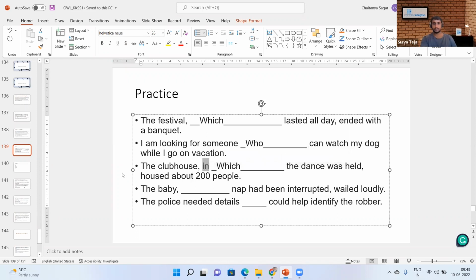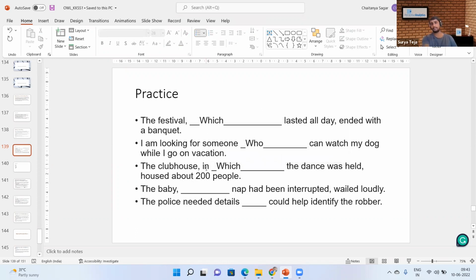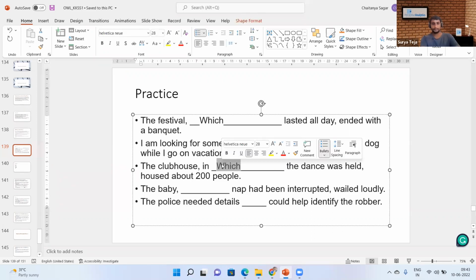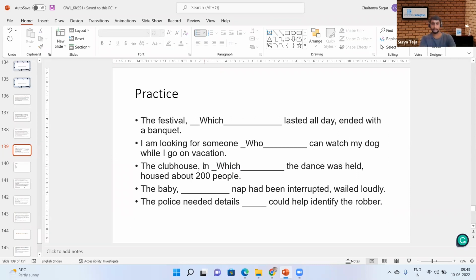Yeah, that sounds appropriate because there is in. In is a preposition. If we have a preposition, the preferred relative pronoun next to it is which. In is talking about the capacity of the clubhouse, not the location. If we remove the in, it sounds like we are talking about the location also, because it gives two contexts. So yeah, good one, Sina.